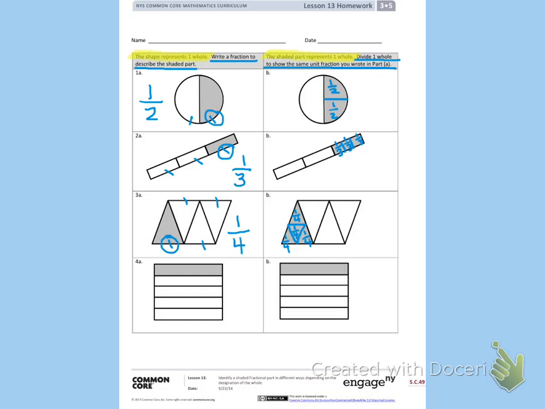Once you do that, you divide the shaded part of 4B into the same amount of pieces as you labeled for 4A. Use the samples 1A, 1B, 2A, 2B, 3A, 3B to help you with items 4A and B. Good luck!